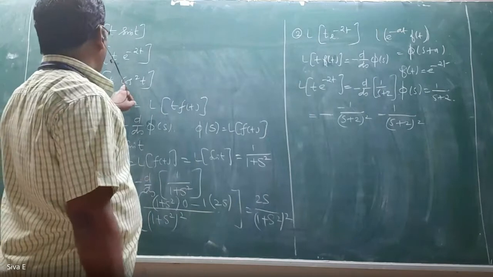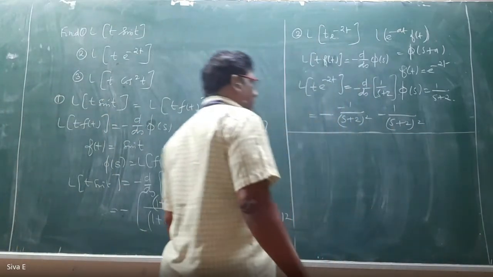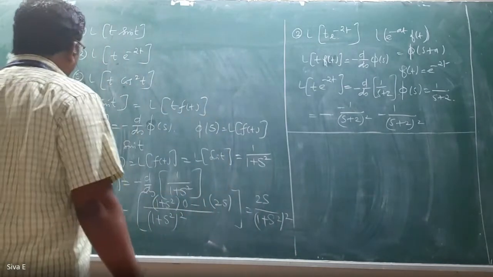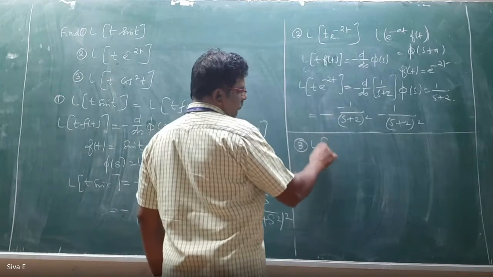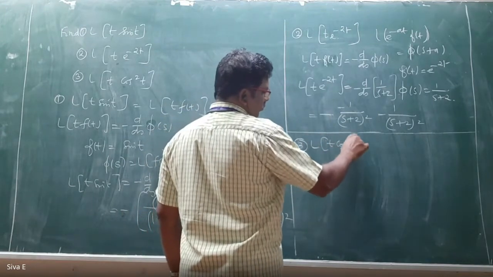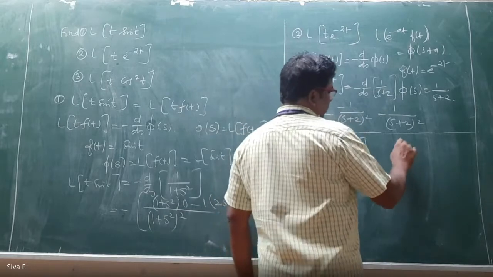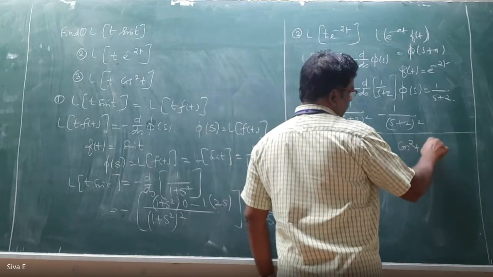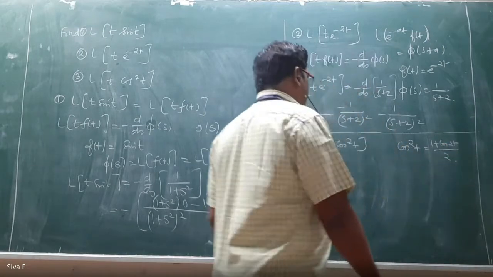For the third one, Laplace transform of t cos square t. So what is cos square t here? 1 plus cos 2t by 2.